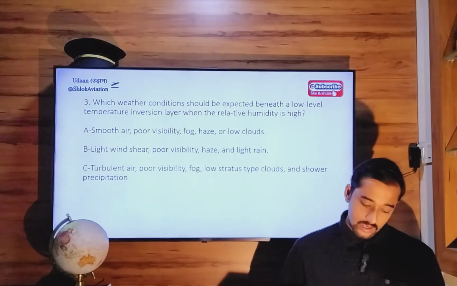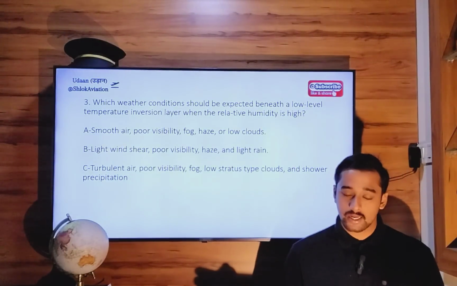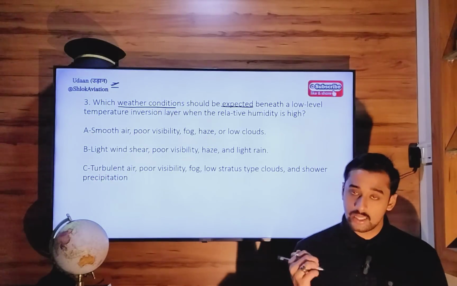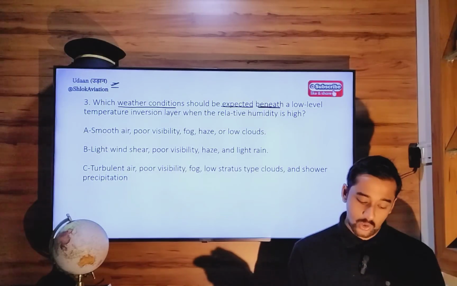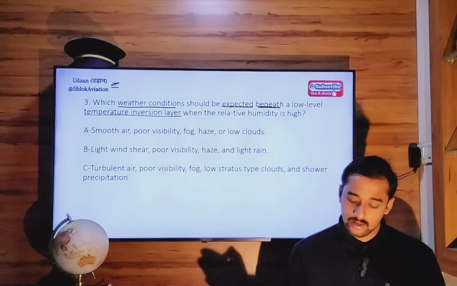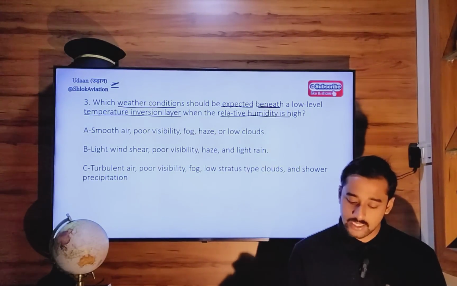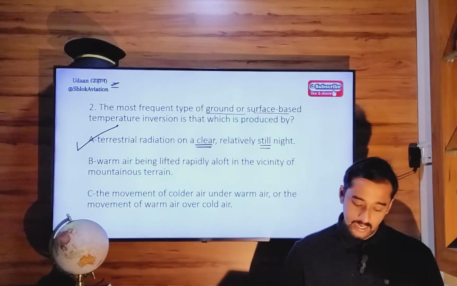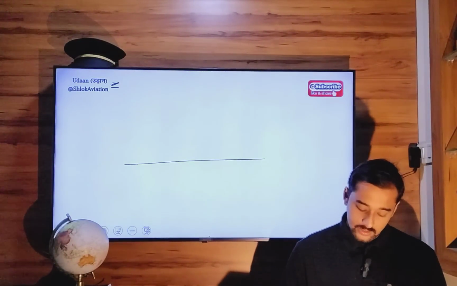Question number 3. Which weather conditions should be expected beneath a low level temperature inversion layer where the relative humidity is high? Like I said, let's go back to question number 1. There is an inversion layer. Let's say this is your ground surface.